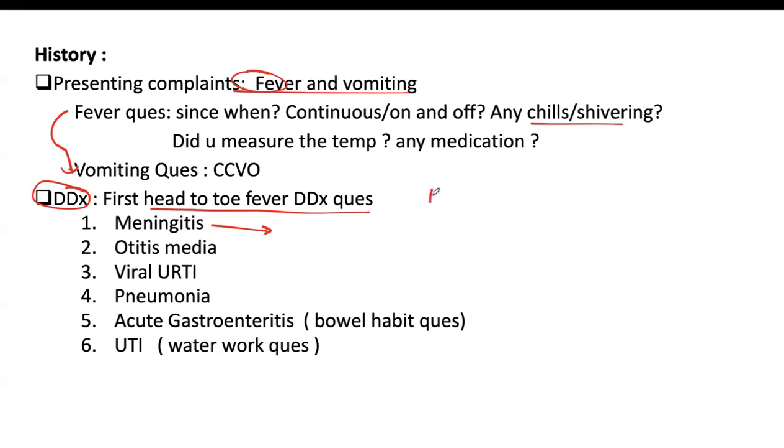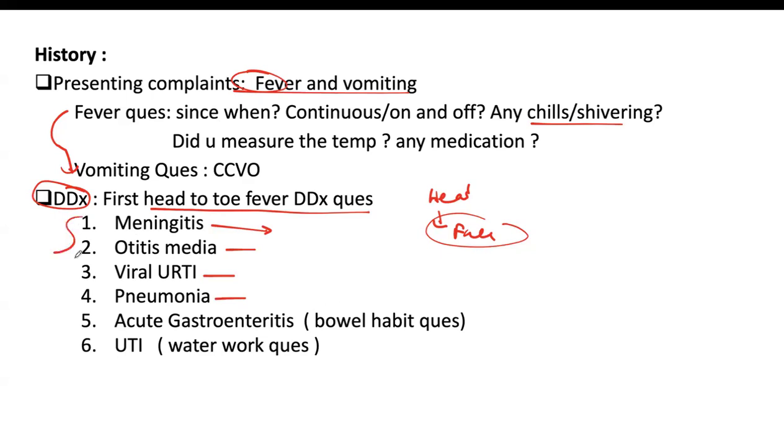After head, we have the face, and in the face you have all sorts of infection. So you have ear, nose, throat. Ask all of them. You can ask any ear pain or ear discharge, any runny nose, sore throat, any cough, shortness of breath.